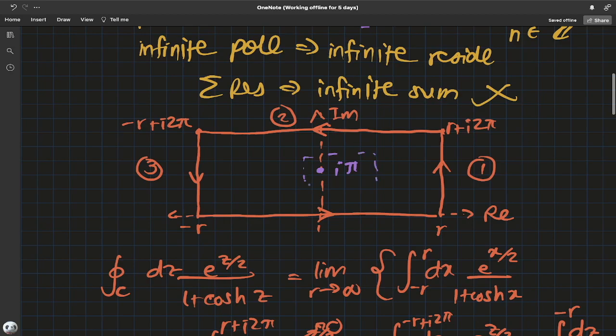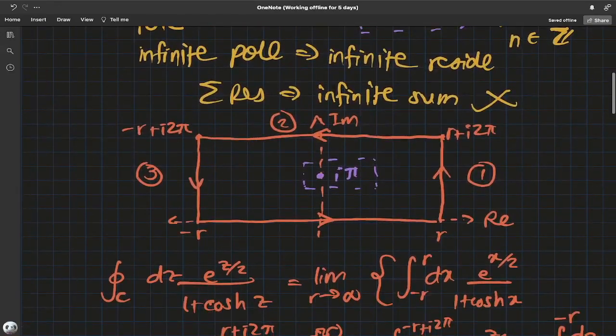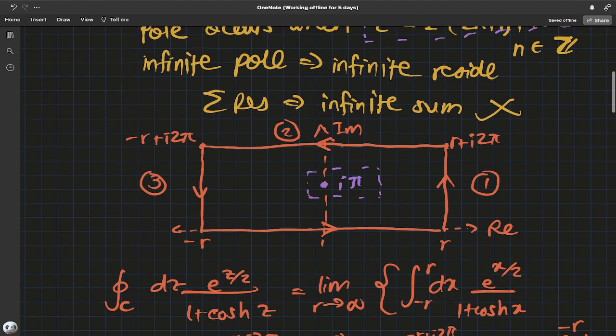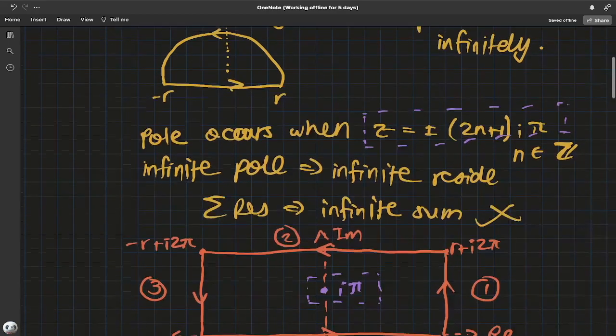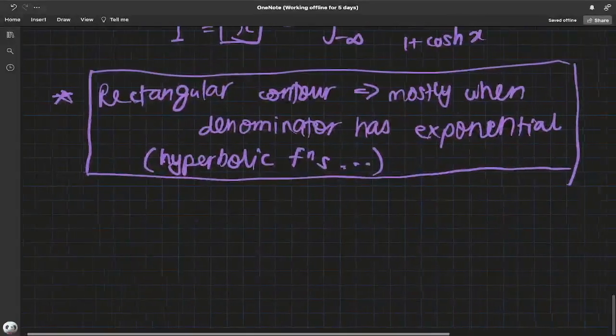And then just trap one of them. Since the poles occur at odd multiples, take the even as the upper bound. If they were occurring at even, you would have taken odd as your upper bound, like 3 i pi, or something like that. So I hope you see the entire essence of this.